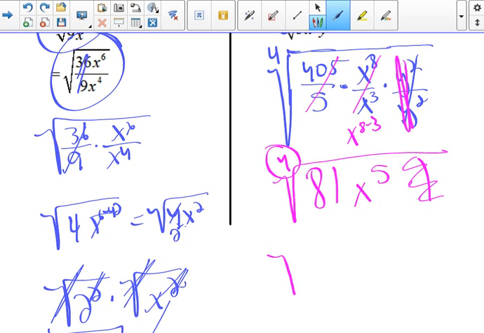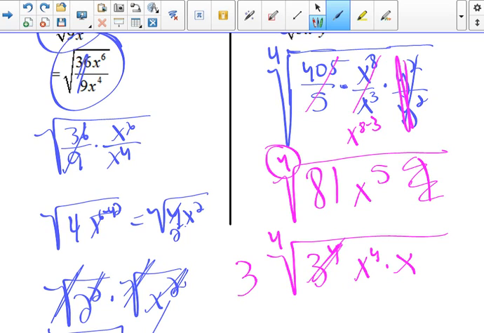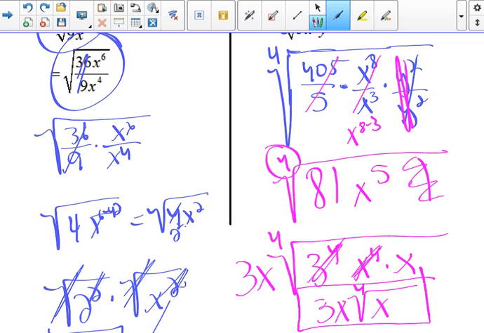So we've got the 4th root of, and 81 is just 3 to the 4th power, and x to the 5th is x to the 4th times x. So now these things that have a 4th power we can take out. Right? So our final answer is 3x times the 4th root of x. And that's your answer.